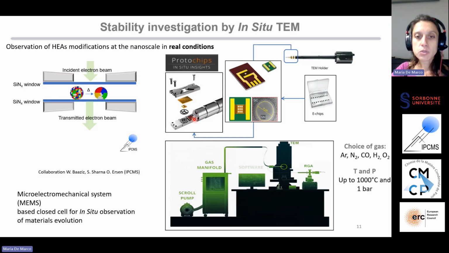The sample holder is also composed of two different chips, in which there is a transparent window composed of silicon nitride on which we deposit the particles that we want to observe, and a heating system composed of silicon carbide. And another chip with a silicon nitride window is closed on top in order to achieve a closed system. In this kind of closed chamber, under the flow of inert or reactive gas, we can observe with the electron beam the evolution of materials as a function of the temperature.